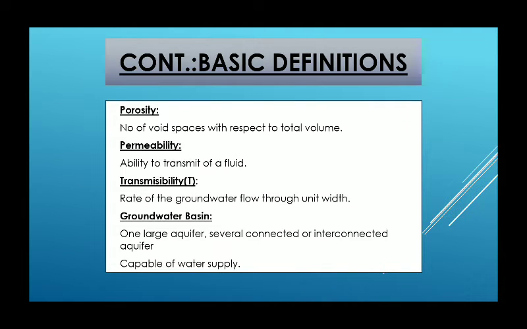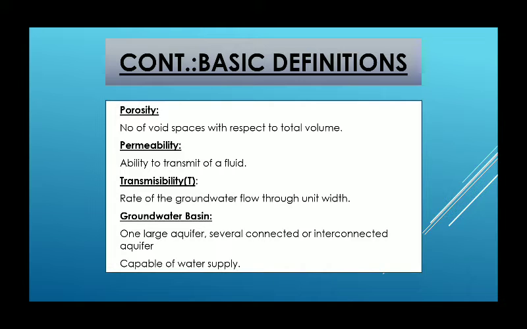Next are the very well-known terms, porosity and permeability. Porosity is the void fraction, a measure of the empty spaces in a material. It is the fraction of the volume of voids over the total volume.